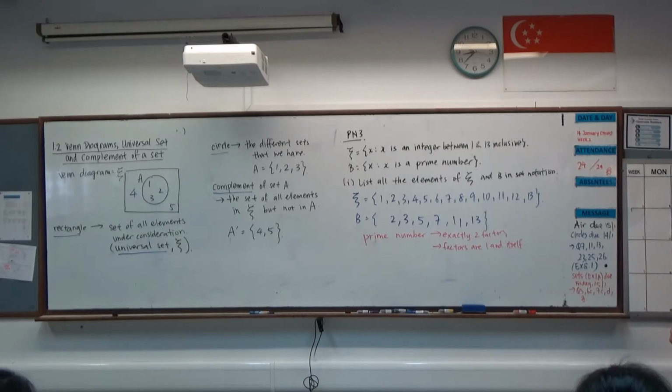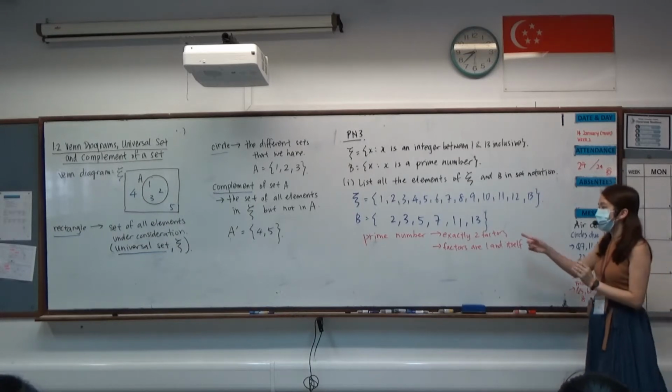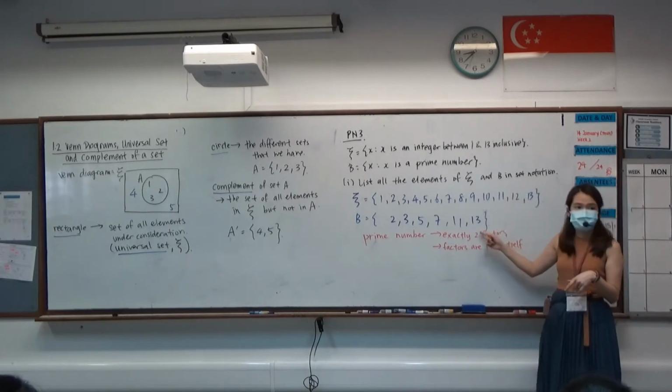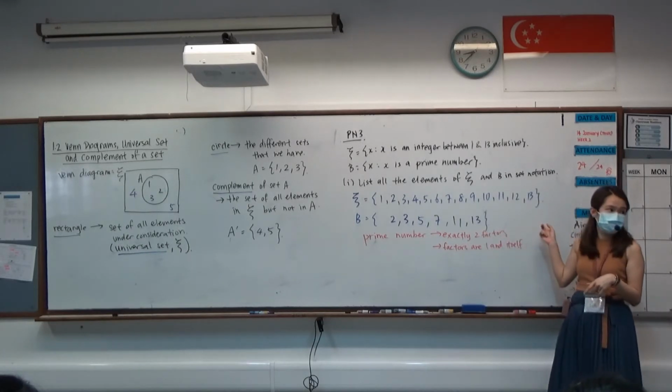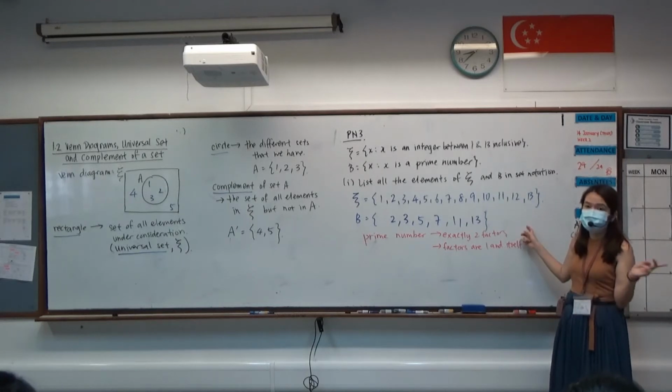Sorry, I can't hear you. Oh, good question. So Joseph asked, for this list of prime numbers, why is it that we stop at 13? Shouldn't it endlessly go on? That's your question, right? I think it's a very valid one.